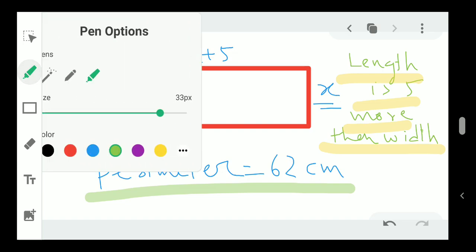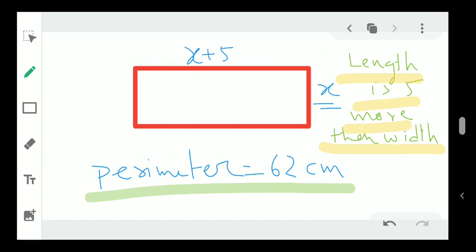Now how do we go about it? Very simple. First, let's say you have to find the width. That means you have to find x. So first, take that as x.